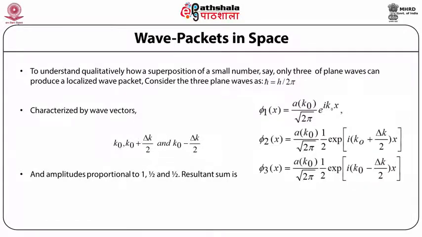The superposition of these three waves gives the resultant wave function, which is denoted by psi as a function of x, and this wave function is equal to A as a function of k naught by under root 2 pi into exponential within brackets i k naught x into bracket open 1 plus cos within brackets delta k by 2 x bracket closed.